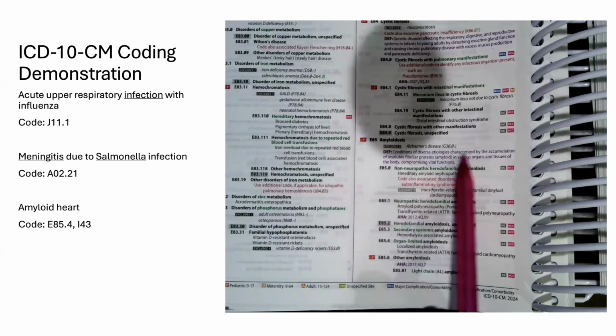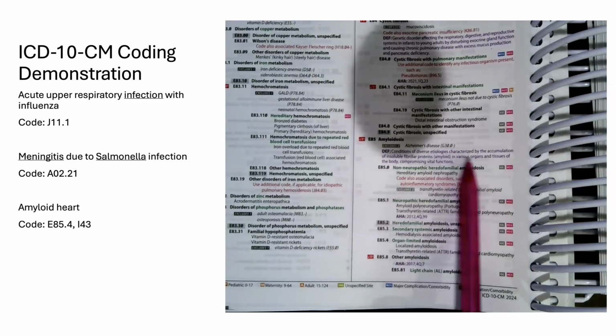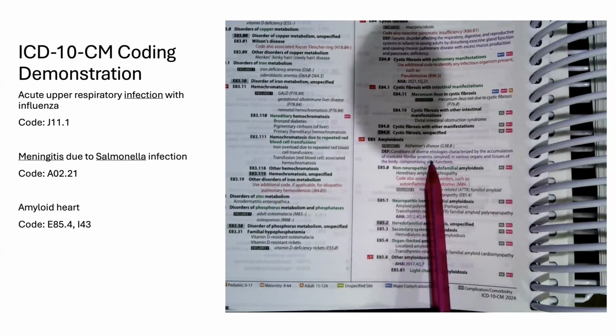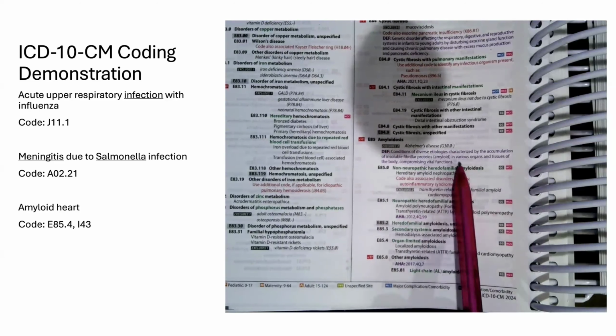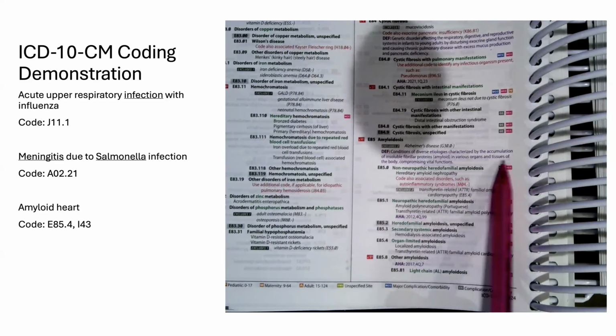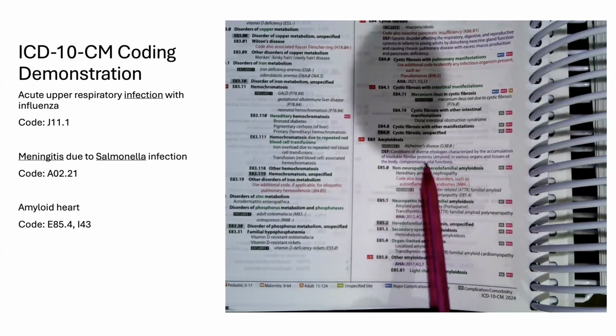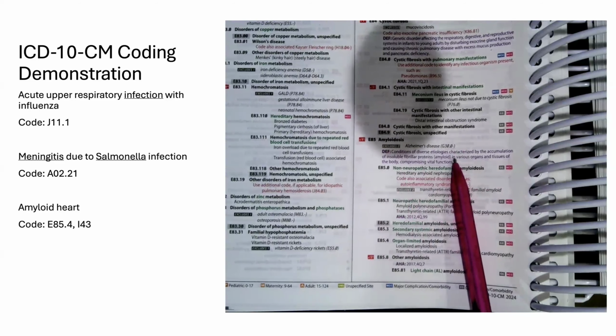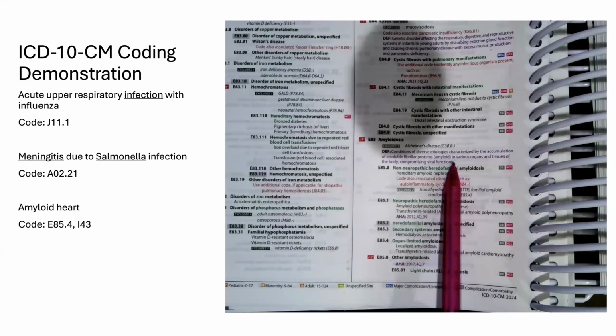So here's a definition. This book also sometimes gives you definitions. Conditions of diverse etiologies characterized by accumulation of insoluble fibrillar proteins or amyloids in various organs and tissues of the body, compromising vital functions. So it's nice to have that definition to help you understand a little bit.